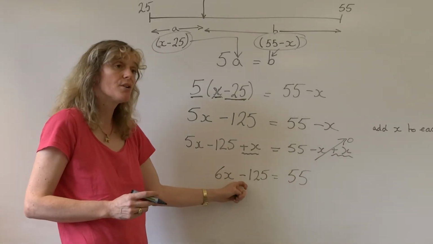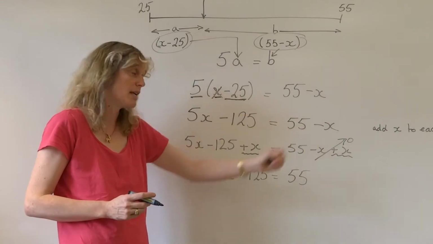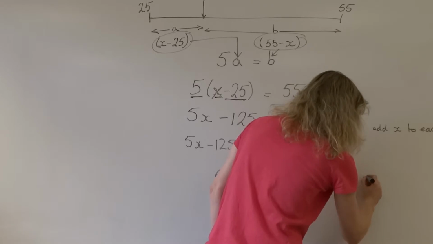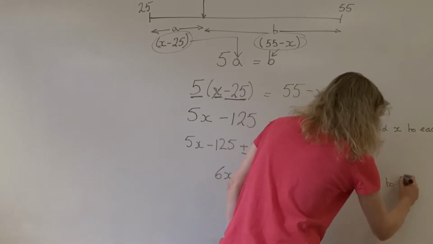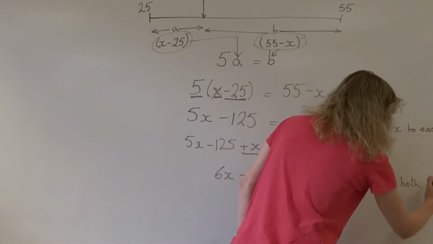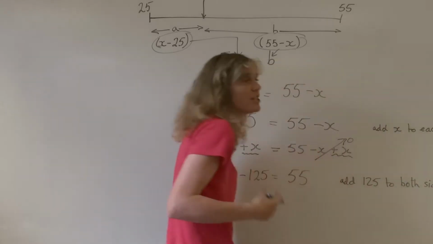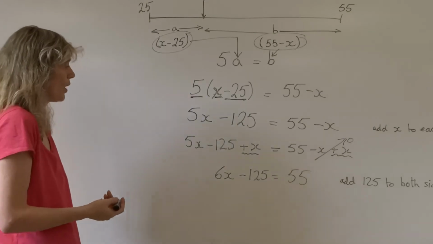I want to get this 125 to the other side of the equal sign. So I do that by adding 125 to both sides. The one I want to get rid of, I either add or subtract or multiply or divide to make sure that I turn that number into either 0 or 1.